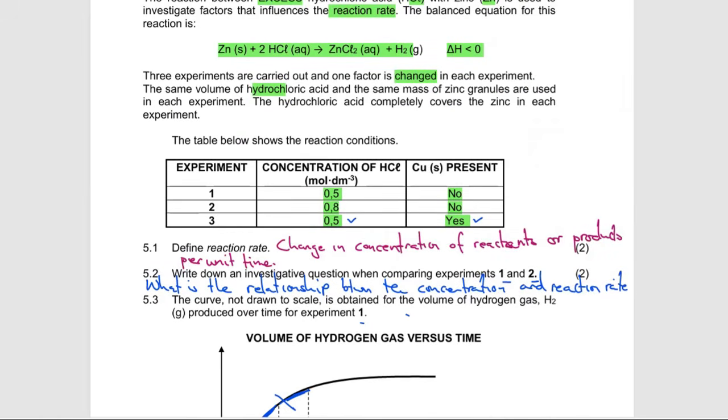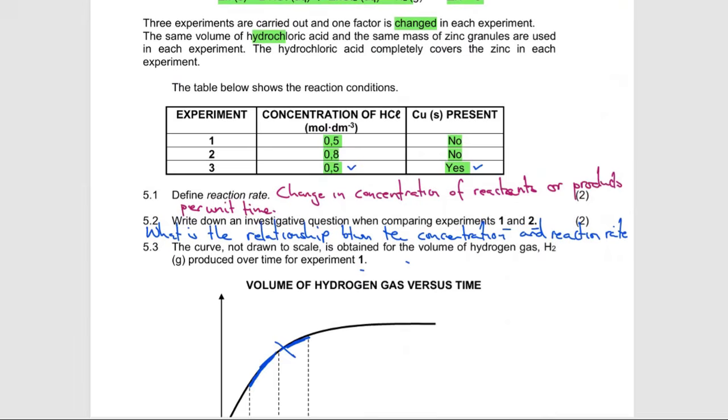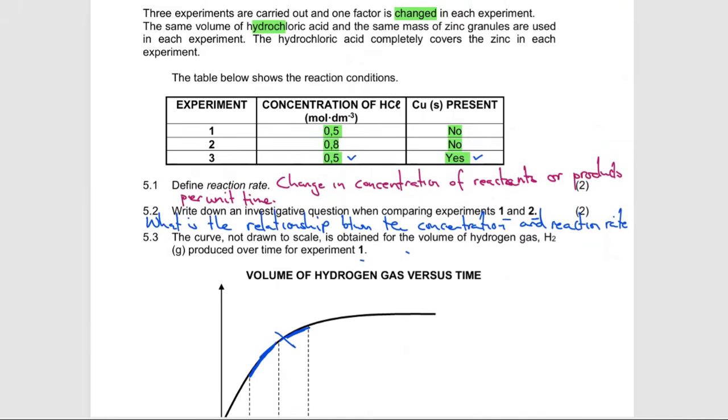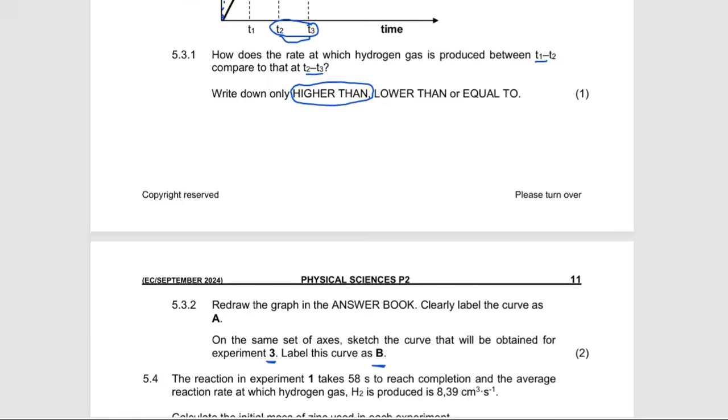So if we added more copper, what is going to happen there? We're going to have something that is steeper, which then goes up and joins this other graph. So this is going to be our graph B, and this original one is going to remain as graph A.